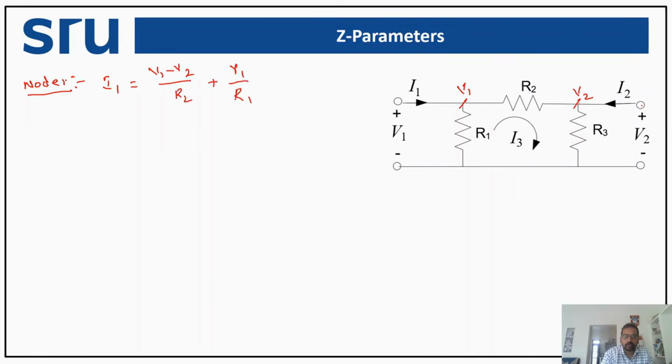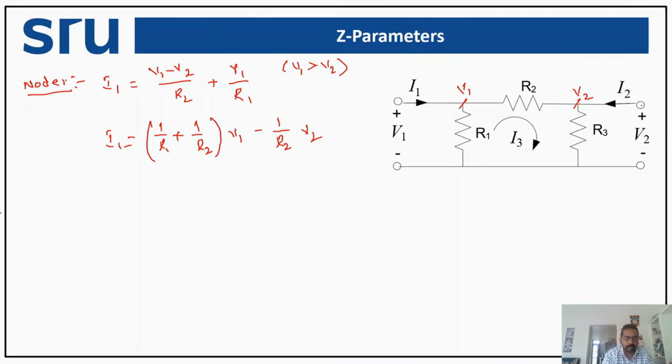Here we assume that the voltage at node 1, V1, is greater than the voltage at node 2, that is V2. Now try to rearrange this particular equation. I1 equal to 1 by R1 plus 1 by R2 into V1 minus 1 by R2 into V2.